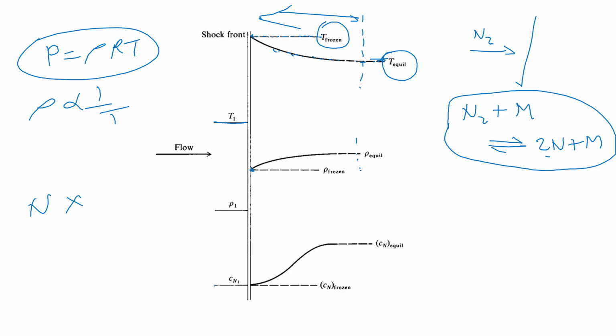So in the start, initially there is frozen flow just after the shock, so there will be no atomic nitrogen in the frozen condition.